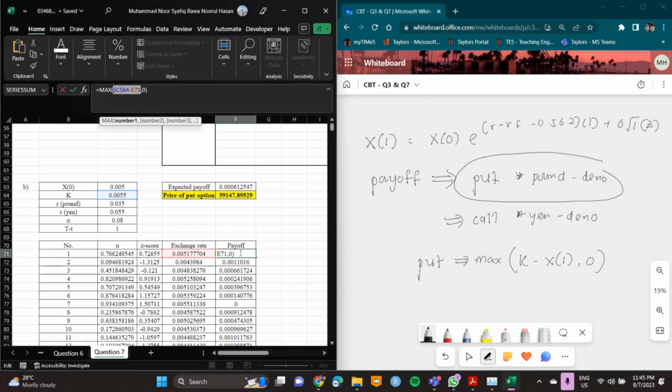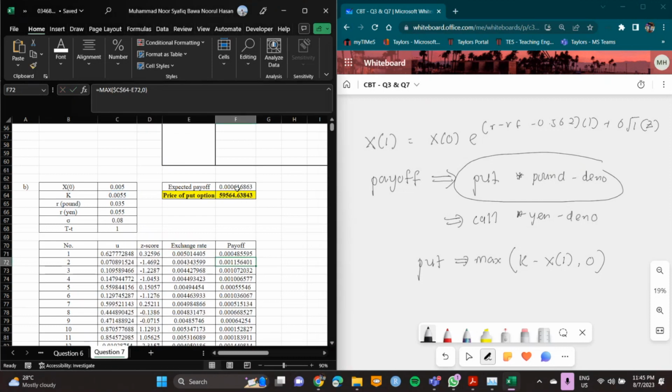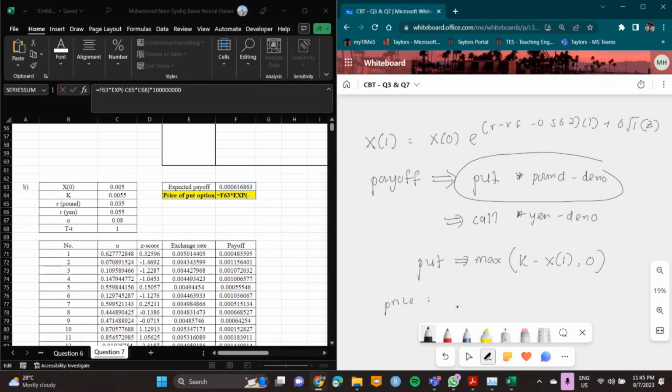And once we get the payoff, in order to find the price, we need the expected payoff. So price is equal to the average of payoffs times the discount factor, which is e power of negative RT, and then times the 100 million.